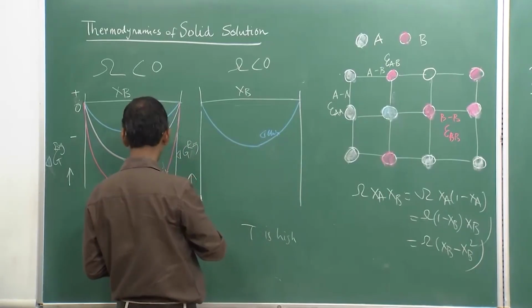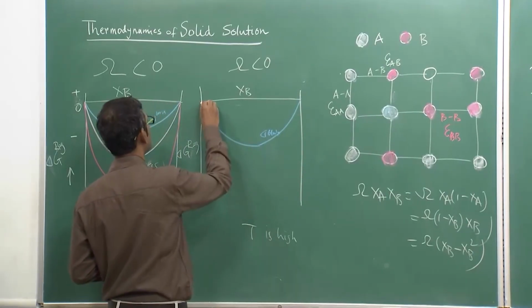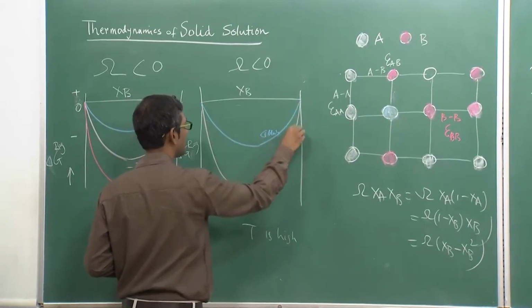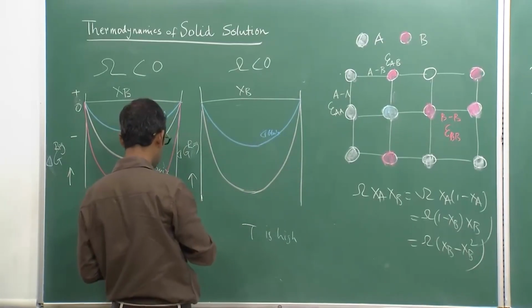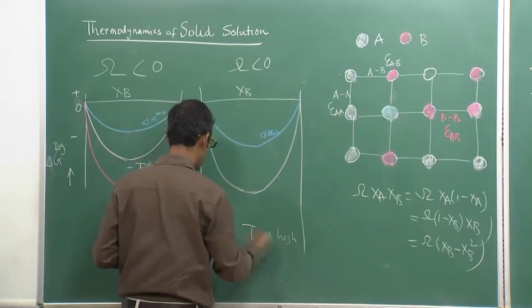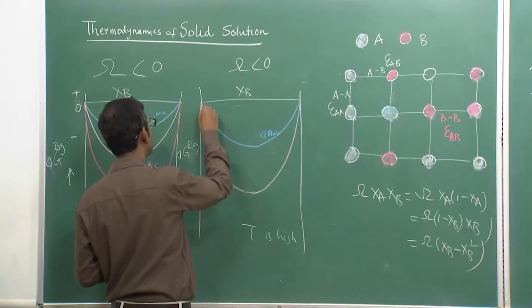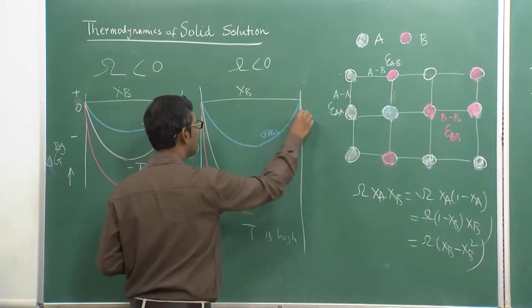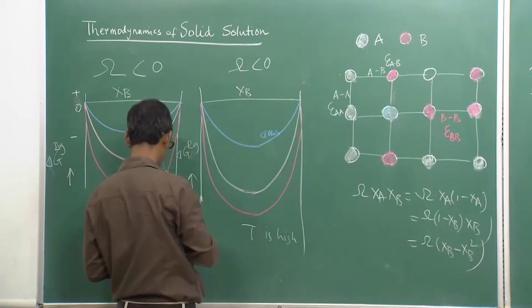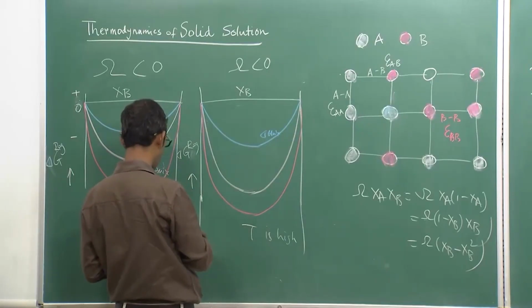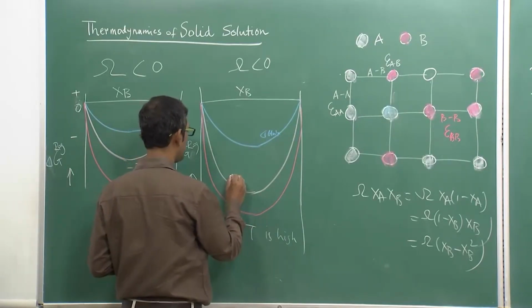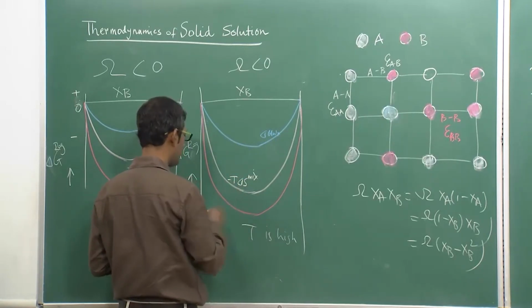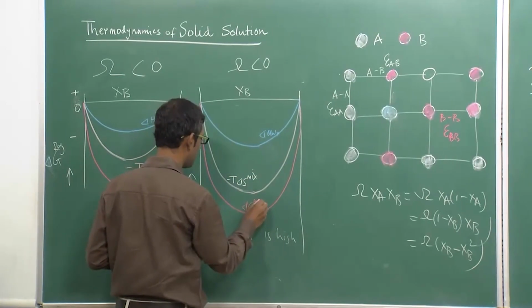Now entropy will also increase further because the temperature term is there, and similarly your delta G term will change. So this is T delta S mix and this is delta G mix.